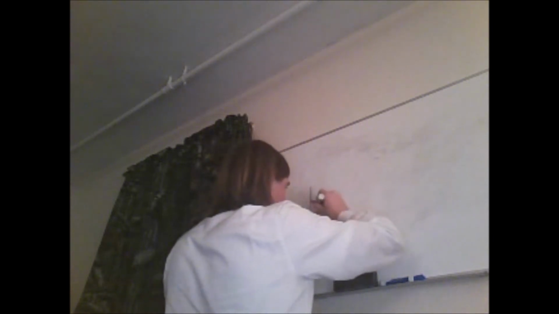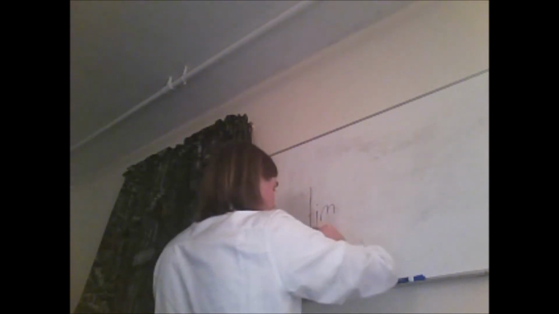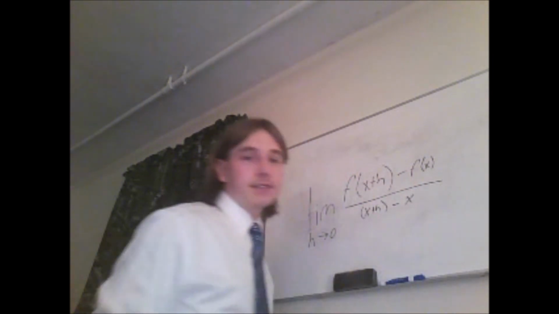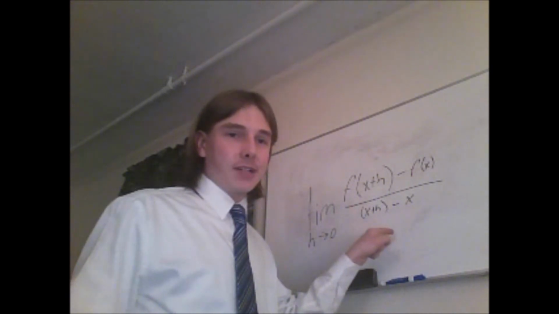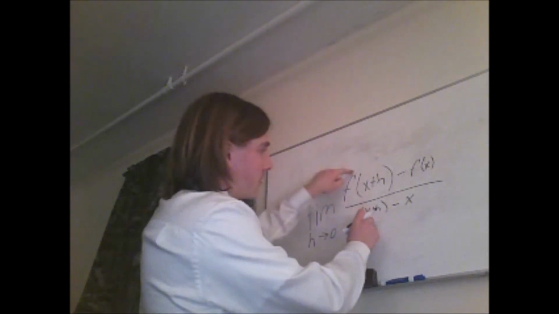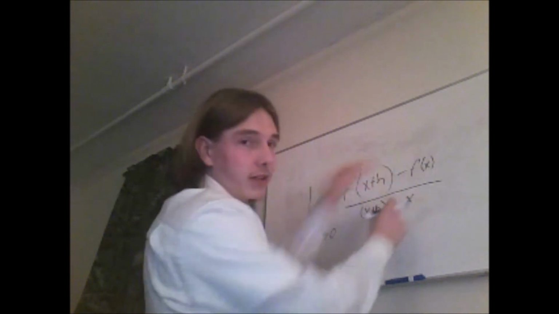Basically, you can think of the formula as the limit as h goes to 0 of f of x plus h minus f of x all over x plus h minus x. And now that looks really close to the slope formula, since this is x2, y2, x1, y1.